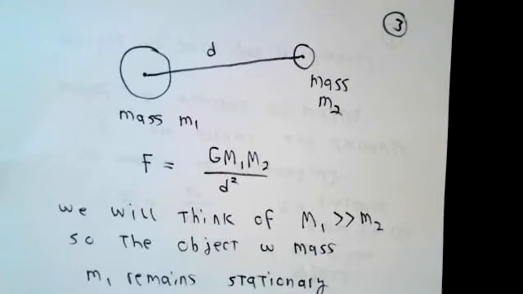We're going to be thinking about situations where one of these two objects is hugely more massive, like the Earth is. For example, the first mass, m1, might be the mass of the Earth, and the second mass, m2, might be the mass of a rocket that we're launching or some sort of projectile. We're going to assume that our masses stay constant and see what we can figure out.